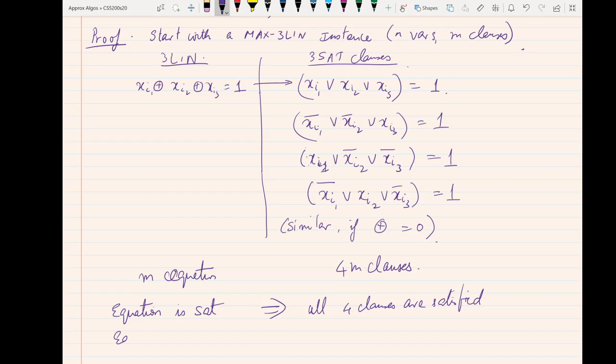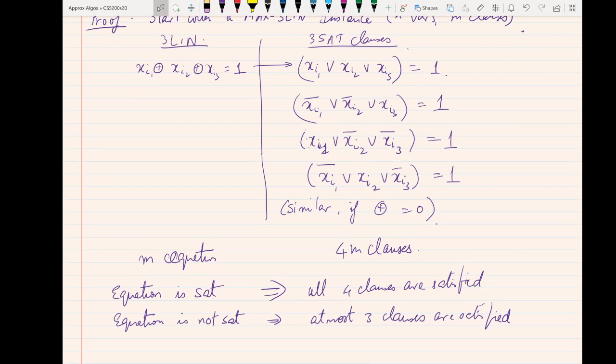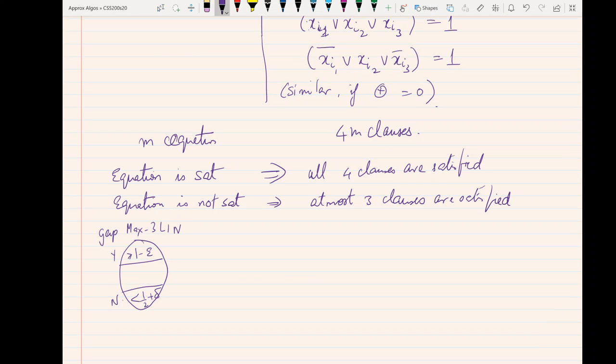Okay, and suppose the equation, by some fixed assignment to the n variables in the 3-Lin world, is not satisfied. This implies that at most 3 clauses are satisfied, by 3 I mean 3 out of the 4 that correspond to this equation in the 3-SAT instance. So now let's take a yes instance of the gap Max 3-Lin problem.